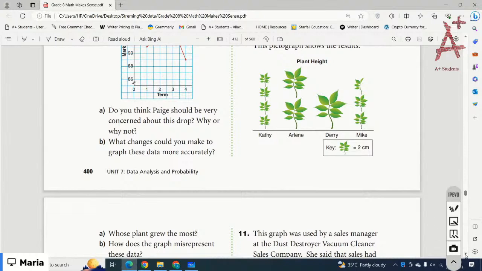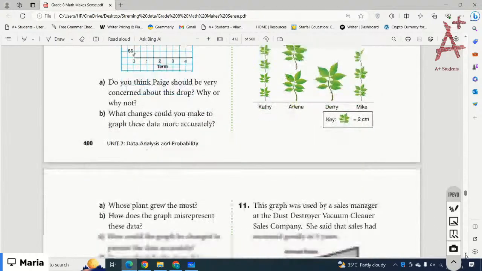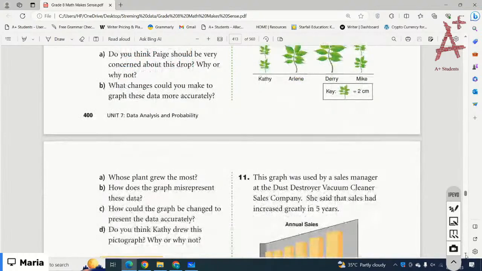The C part is, how could the graph be changed to represent the data accurately? Because the sizes of the symbols are not equal, they are misleading the reader. So to accurately display the data, change the size of all the symbols to a uniform size, right?